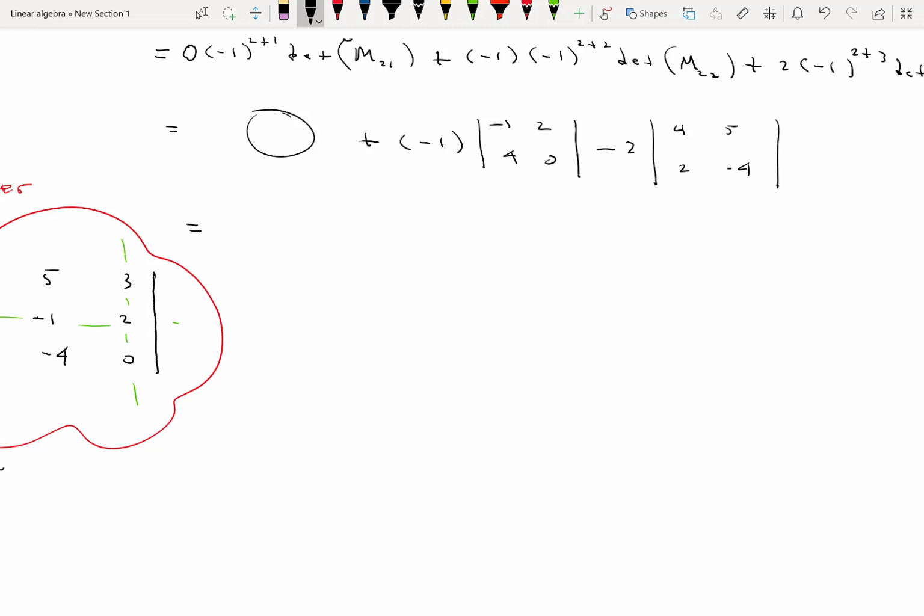Okay, so this again reduces our computation. This is just -1 times, multiplying along diagonals, -1 times 0 minus 2 times 4, minus 2 times -4 minus 5 times 2.